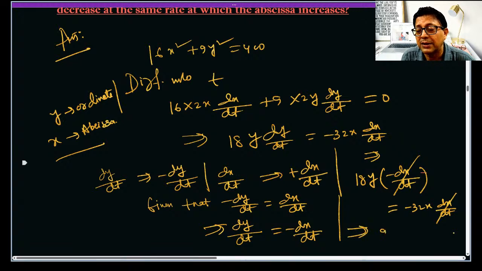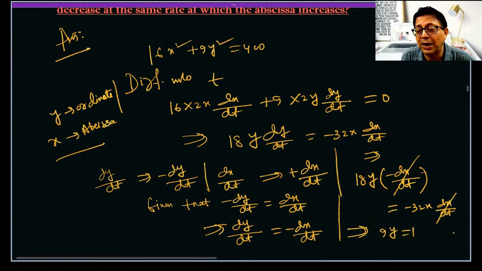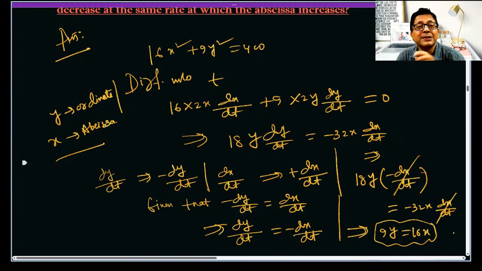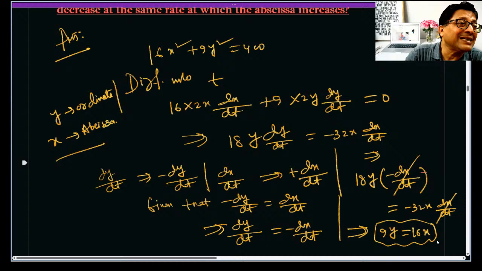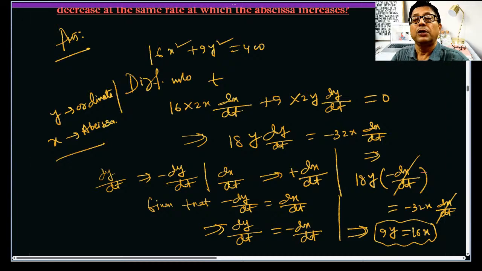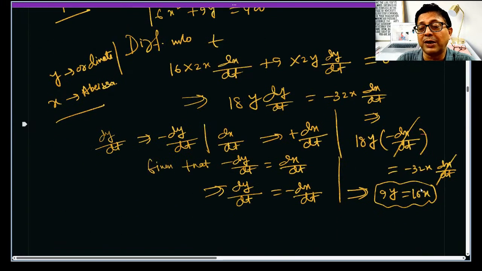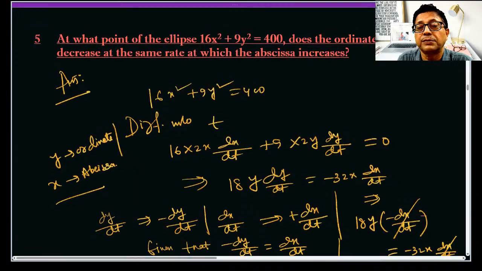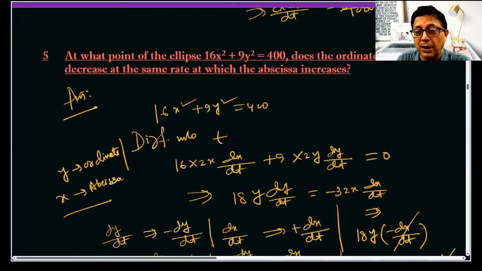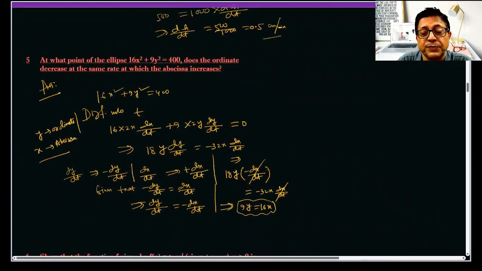This implies 9y equals 16x. They have asked you to find the point. Because of this change, y and x are related in this manner. So we will be using the given relation only. What is the relation? 16x square plus 9y square equals 400. Just substitute. Understand what I said?